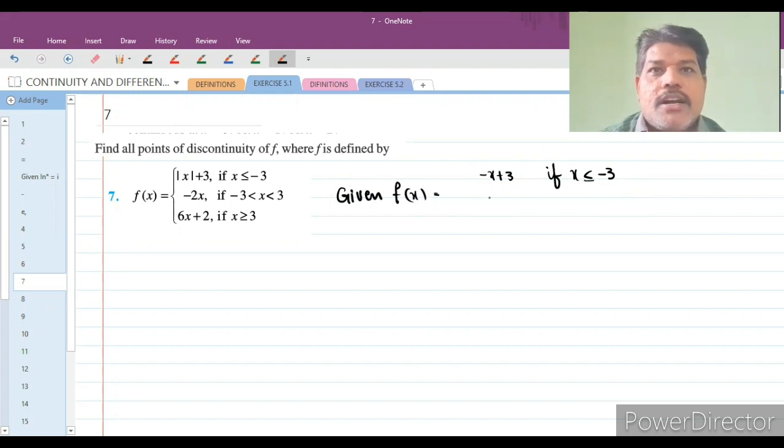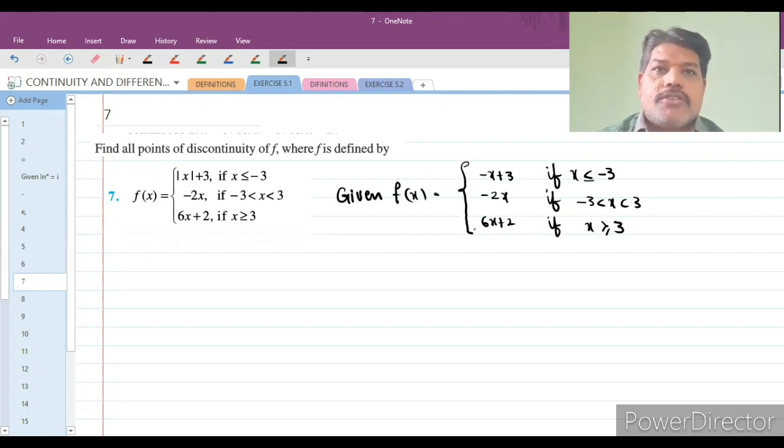The next one is minus 2x if minus 3 is less than x less than 3, and also 6x plus 2 if x value is greater than or equal to 3.